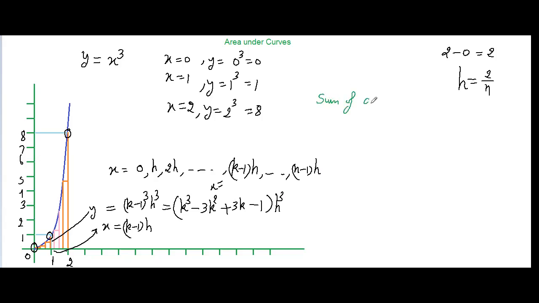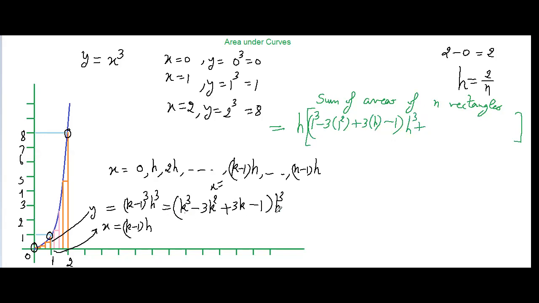Now the main part of the calculation begins. Sum of areas of these n rectangles. So that is equal to, the width of all the rectangles is h, we multiply and take it common. The height of the first rectangle, k equal to 1: 1 cube minus 3 times 1 square plus 3 times 1 minus 1, into h cube.